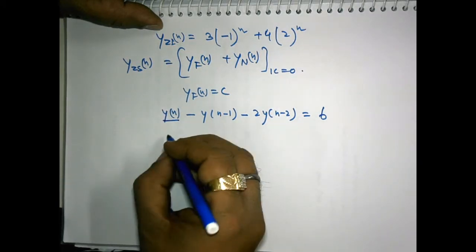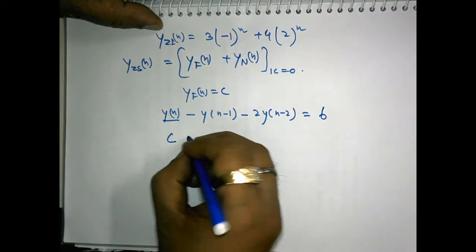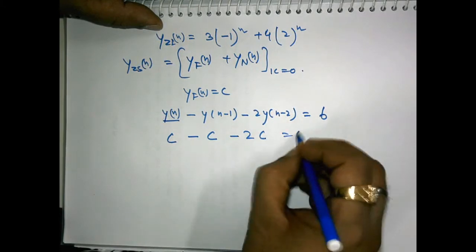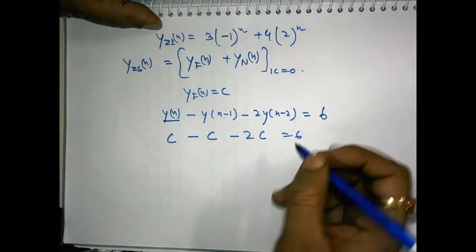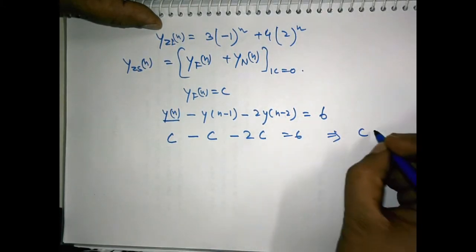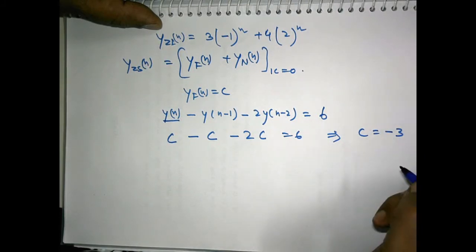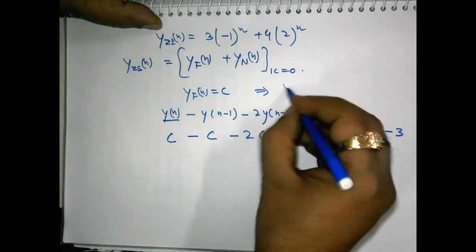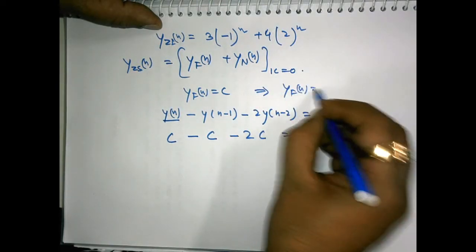So y_fn is c, y_fn(n-1) is another c, so c - c - 2c = 6. What will be the value of c? c will be equal to -3. So y_fn equals -3.